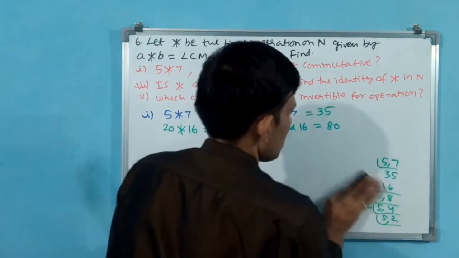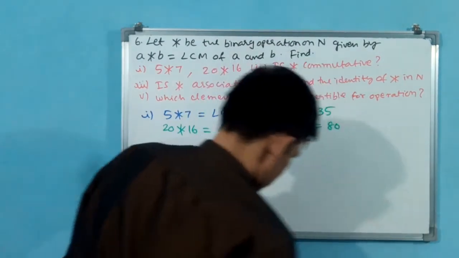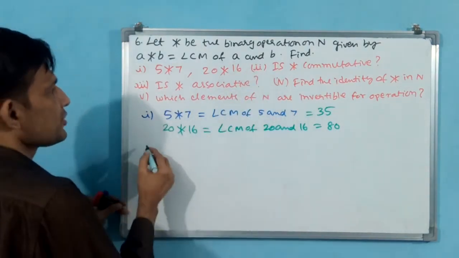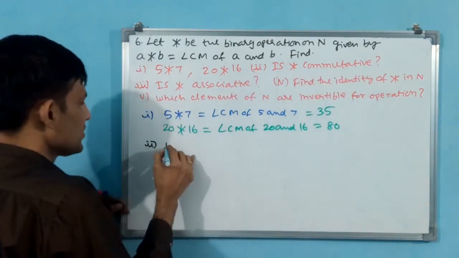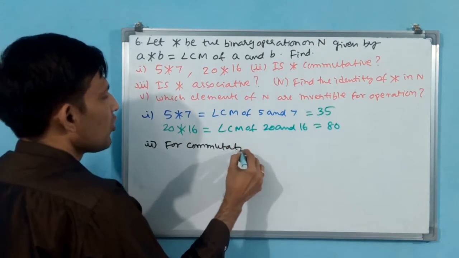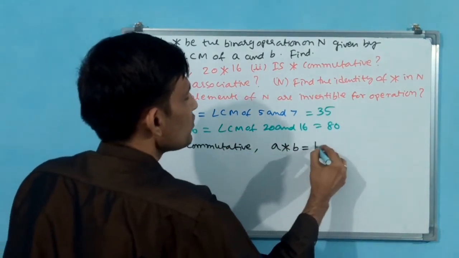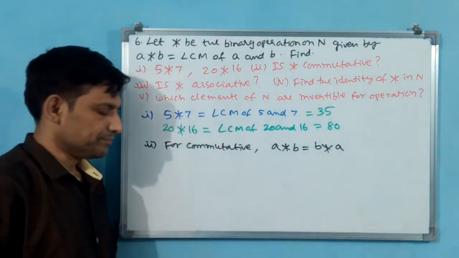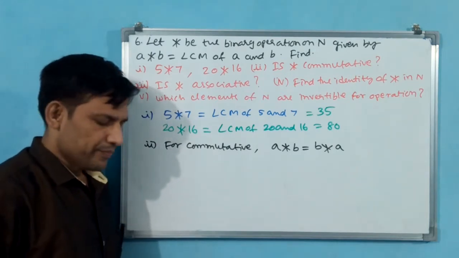Go for the second part, commutative. Is star commutative? First you write for commutative. For commutative only 2 elements you require. A star B is equal to B star A should happen. You take any two numbers randomly.